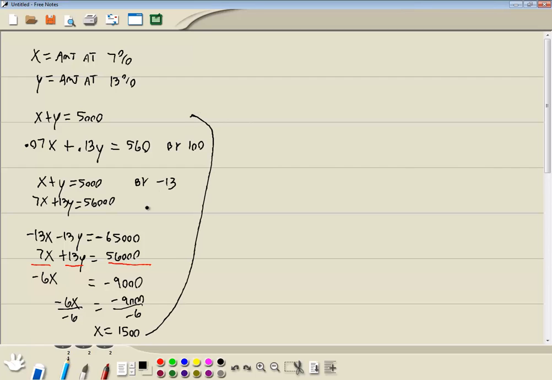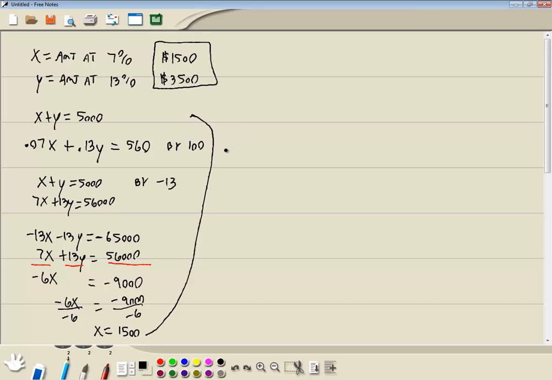X is our amount at 7%, so that means we have $1,500 in the 7% account. And if we have a total of 5,000, 5,000 minus 1,500 gives us 3,500. So we'll have 3,500 in the 13%.